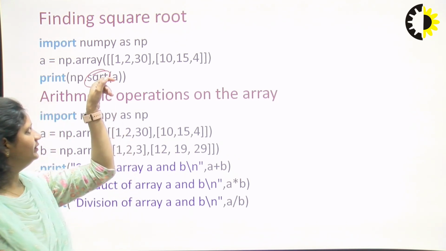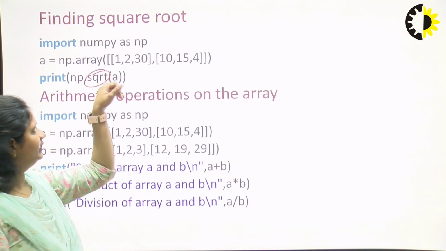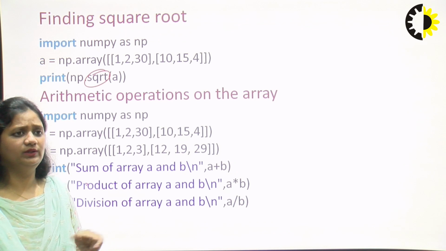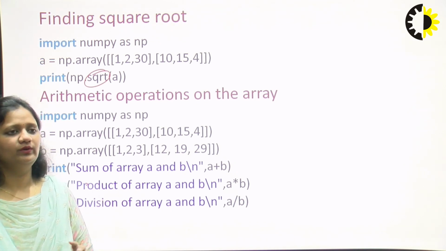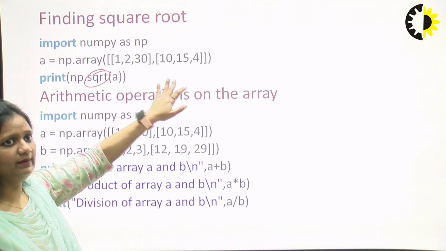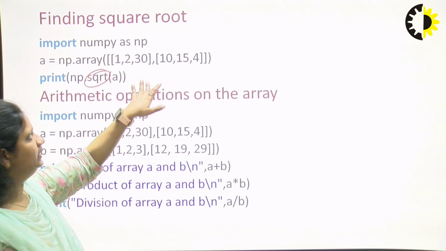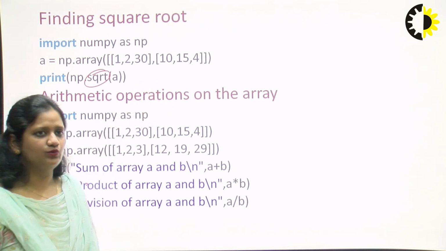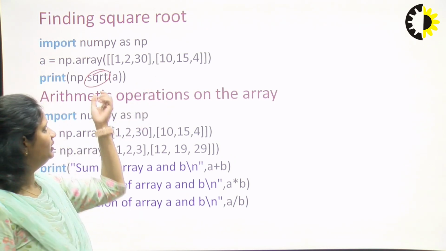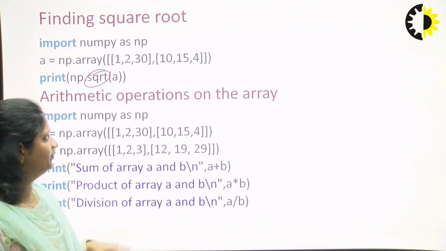So we use the sqrt method on the object we created in the previous step. What will be the output of this program? The square root of 1, square root of 2, square root of 30, 10, 15 and so on, 4. Okay, so we directly use the sqrt function in our program.